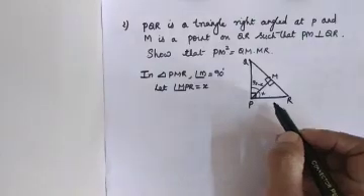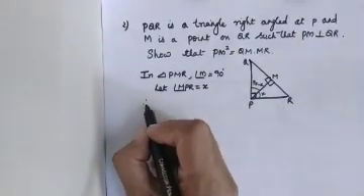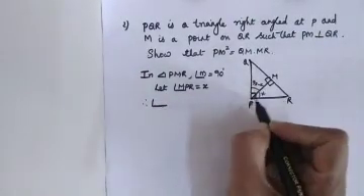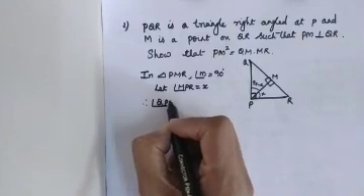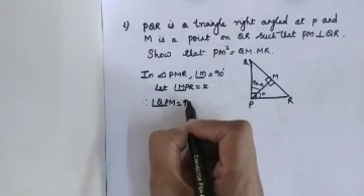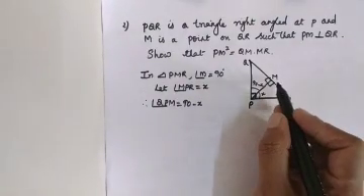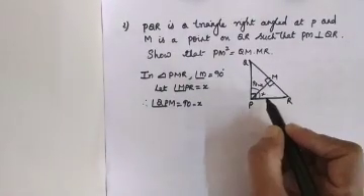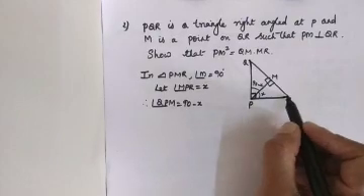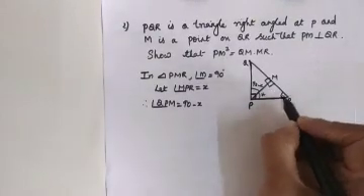Now same way, therefore angle QPM will be 90 minus x. So here you know that in triangle PMR, this angle is 90, this is x. So this will be 90 minus x.